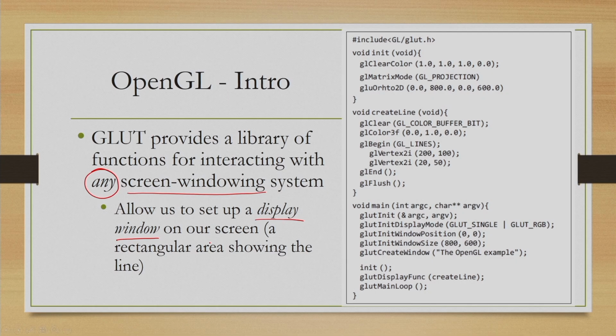In this window, we are going to show the image or whatever we want to display, and this display window is essentially a rectangular area which contains the image. That we can do with the help of functions provided in the GLUT library.